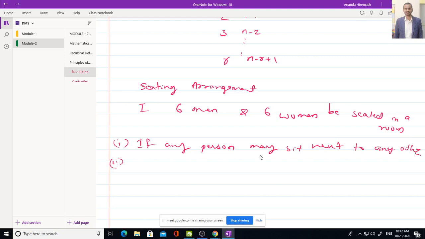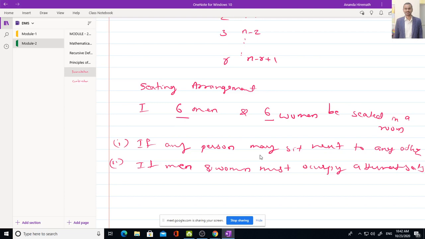In the second, the restriction is that men and women must occupy alternate seats. So how many men are there? 6. How many women? 6. There are 12 persons altogether.